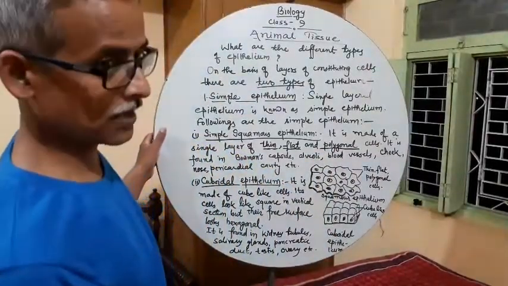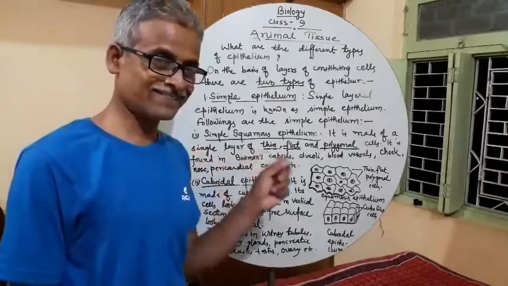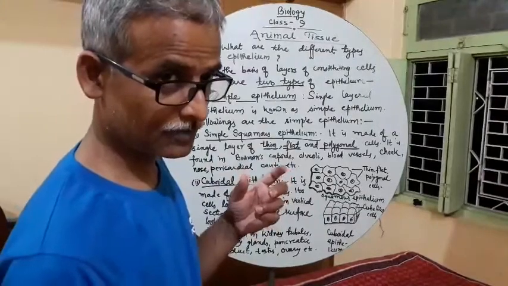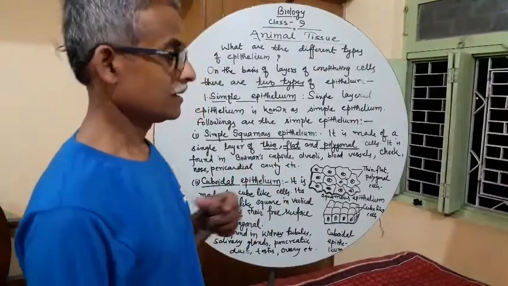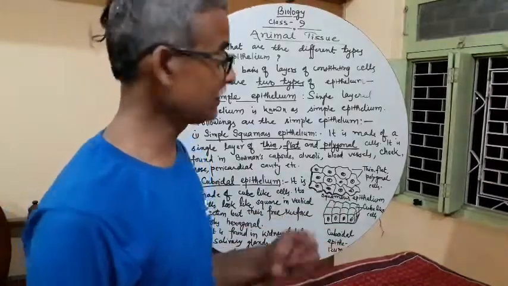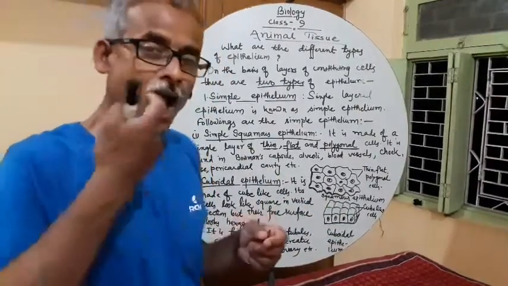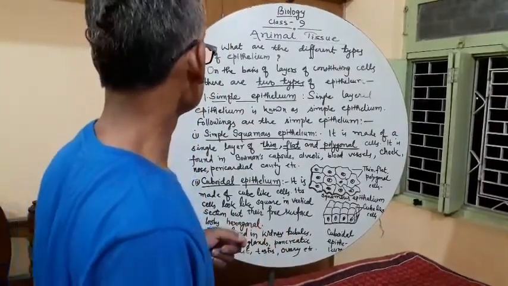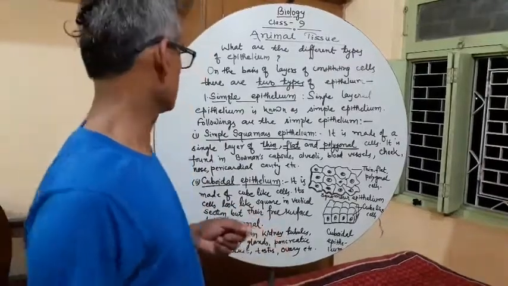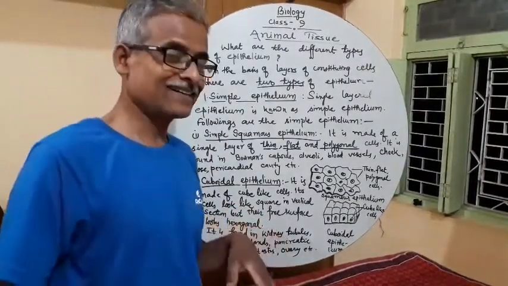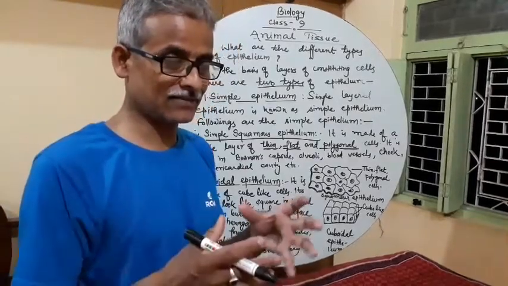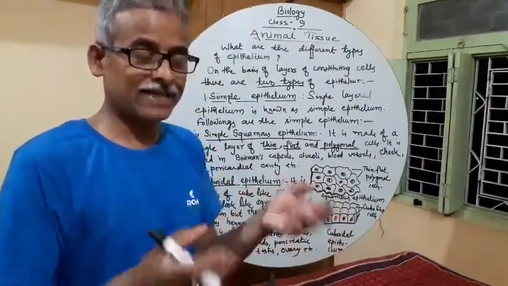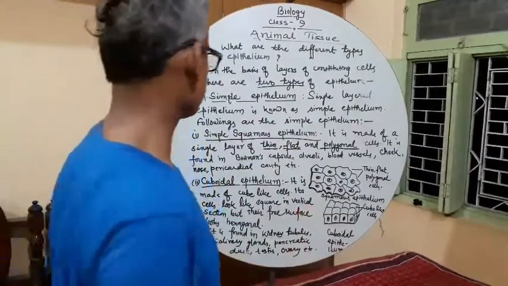It is found in Bowman's capsule, alveoli of lungs, in blood vessels, that is in arteries and veins, in cheek, that is inside the buccal cavity, and the nose, and the pericardial cavity, that is the cavity of the membrane in which the heart is found.